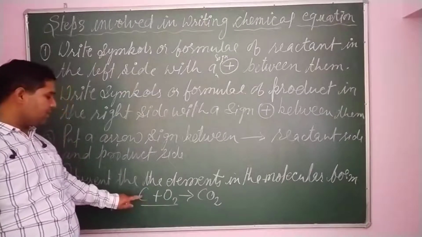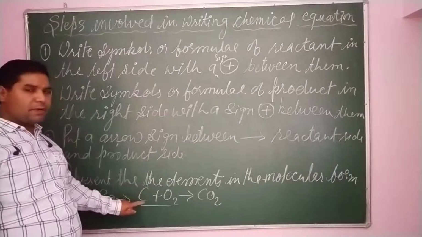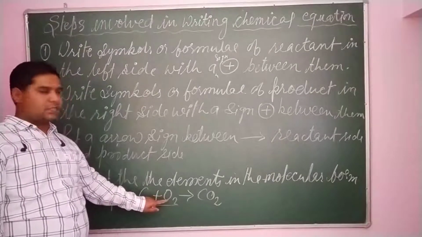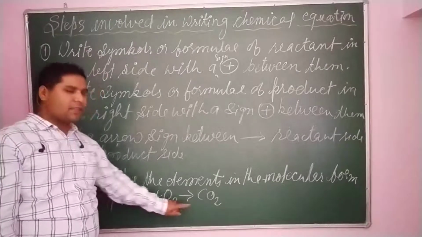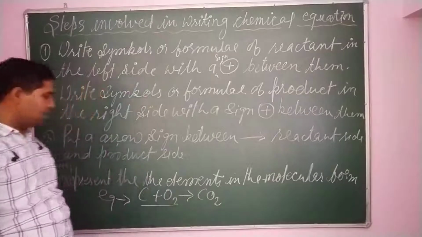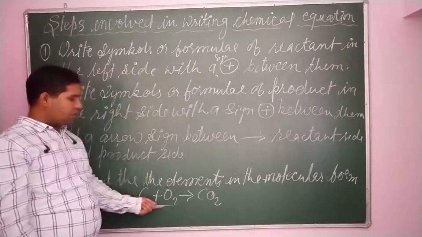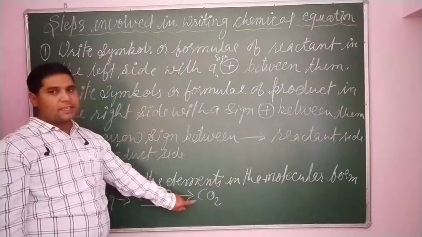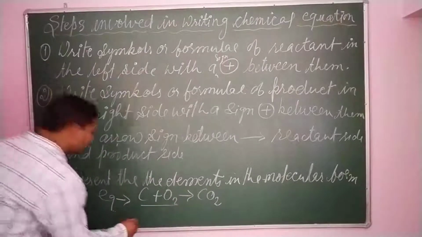So you see in the left hand side carbon, which is represented in the form of a symbol, and oxygen, with an arrow between the reactant side and the product side. So carbon combined with oxygen forms carbon dioxide. This is the reactant and the right hand side is known as the product, dear student. Let us see one more example.